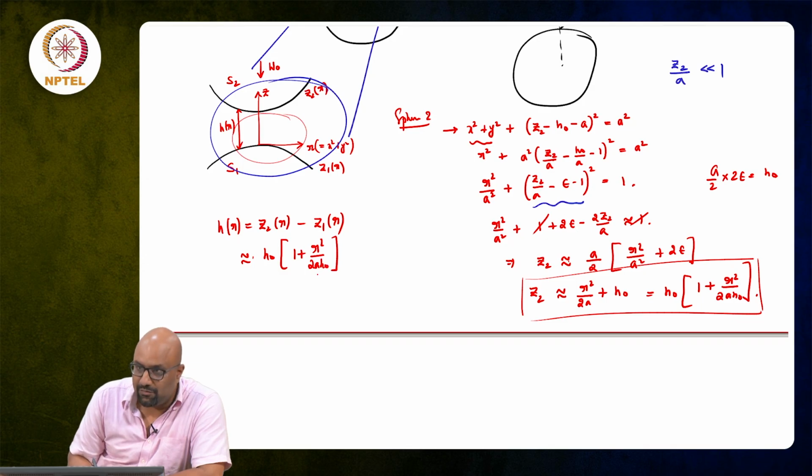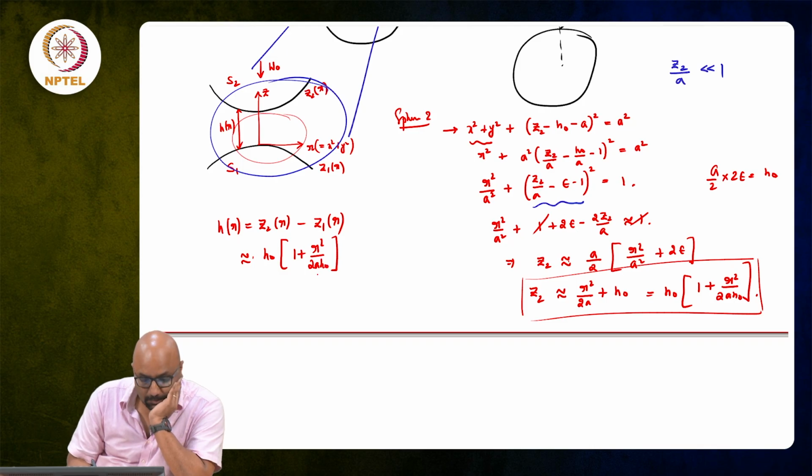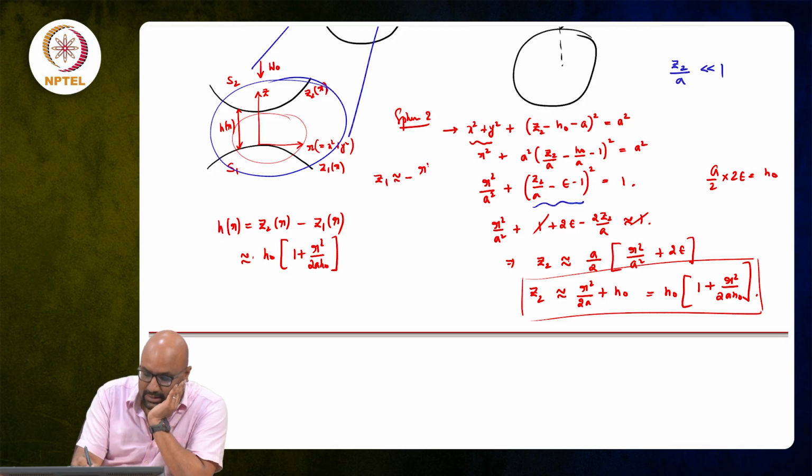What is the equation for Z1? If this was Z2, do I need to go ahead and do again Z1? Z1 will be approximately minus R square by 2A, right. The coordinate system origin sits on the sphere 1.